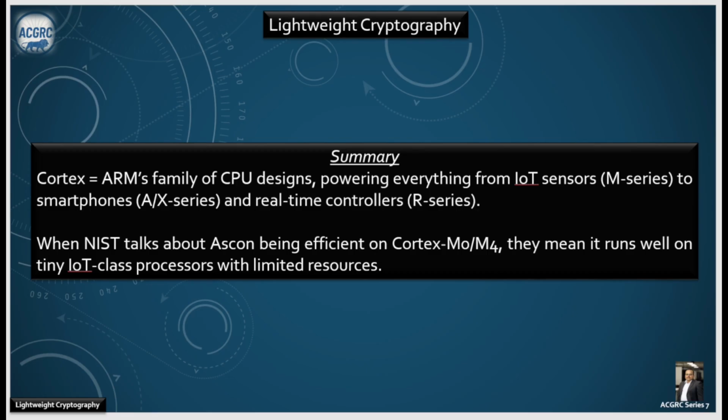So Cortex is from an ARM family of CPU designs, powering everything from IoT sensors to smartphones and real-time controllers. So when NIST talks about Ascon being efficient on Cortex, they mean it runs well on tiny IoT-class processors where there are limited resources.